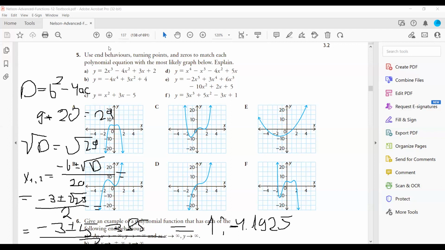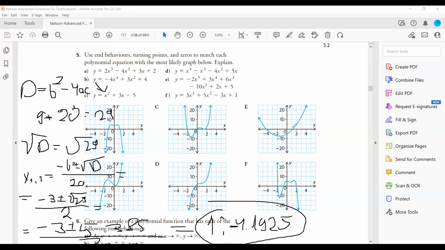So if you take a look at the graph that we have here, first of all, this is an even degree function, right? Square. Secondly, the leading coefficient is positive, so it will be concave up. It will be looking upwards at both ends. And there are two functions like that, C and E. But we already found our two zeros, somewhere around 1 and somewhere around -4.1925.